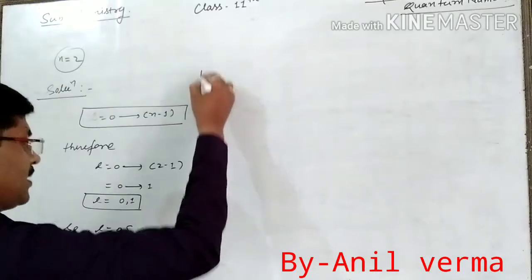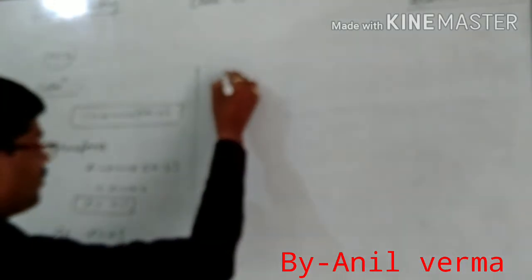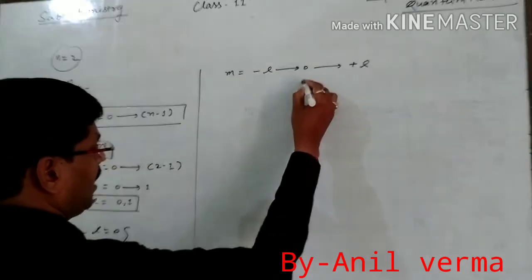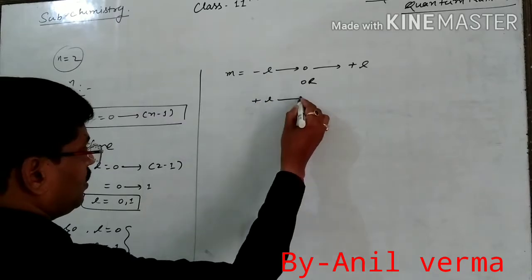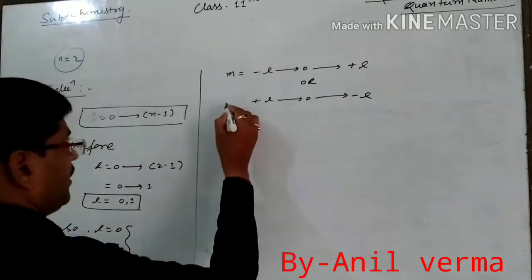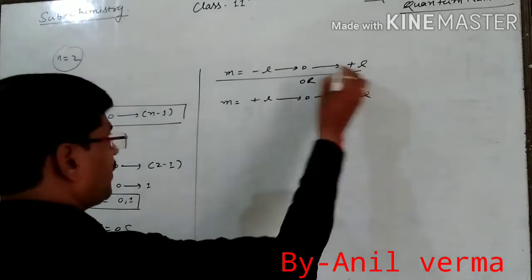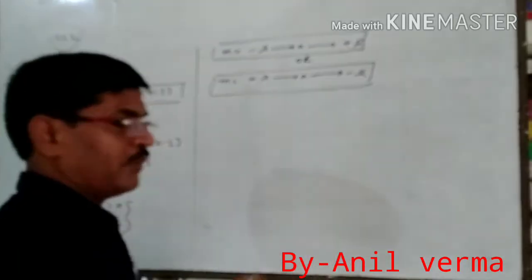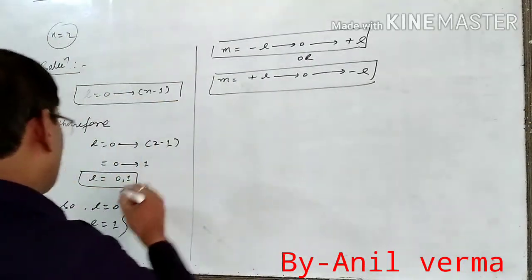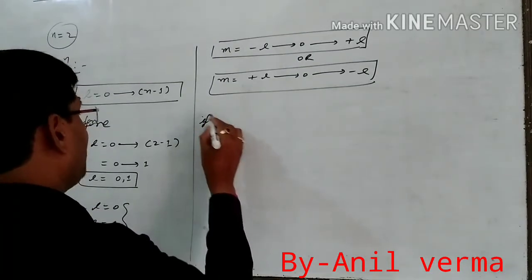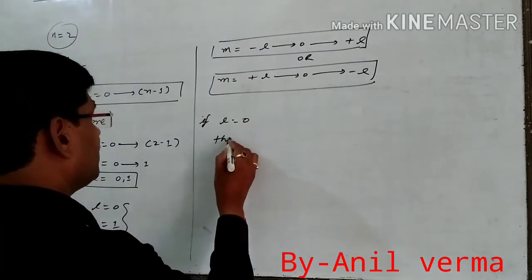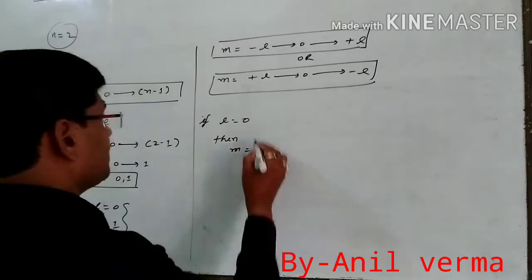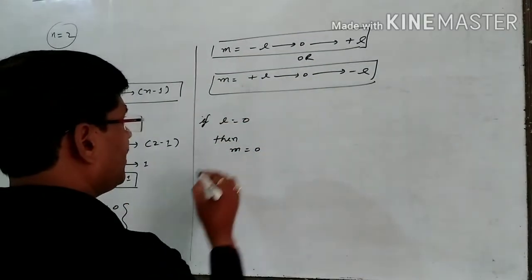After that, for the magnetic quantum number, you know the formula m is equal to minus l to 0, 0 to plus l, or sometimes you may write plus l to 0, 0 to minus l. It means by using these formulas, you can easily find the value of the magnetic quantum number. Suppose I have taken l is equal to 0, then the value of m, in place of l I have to put 0, so m will be 0.